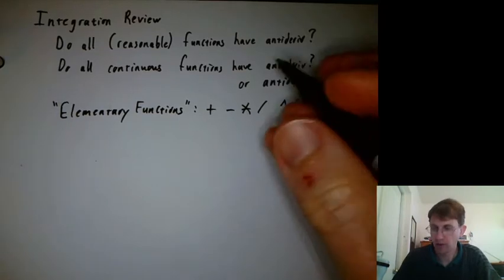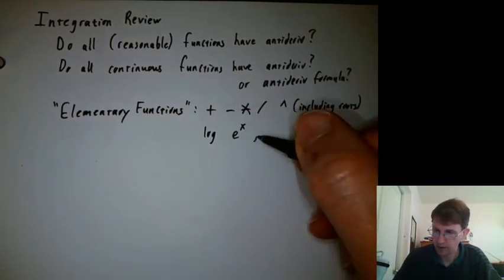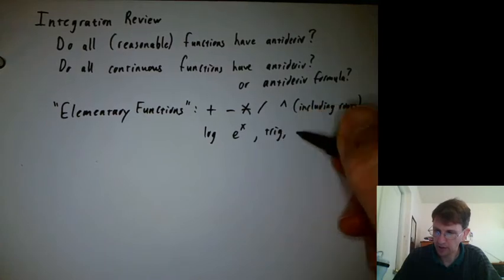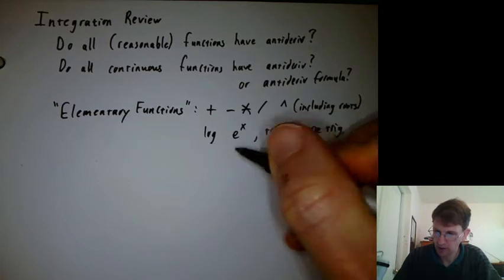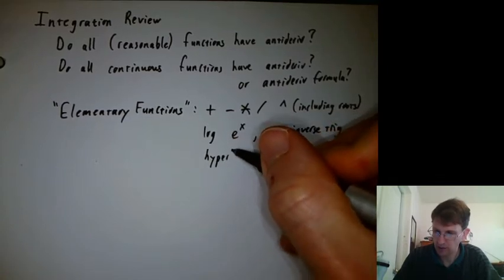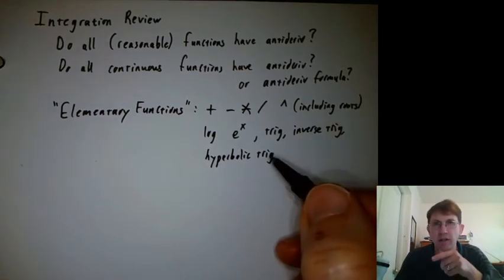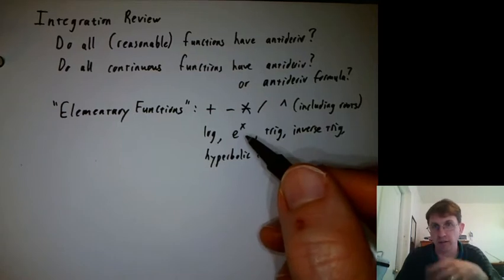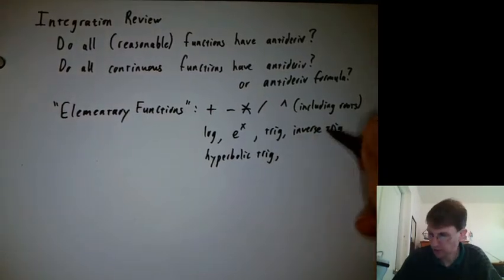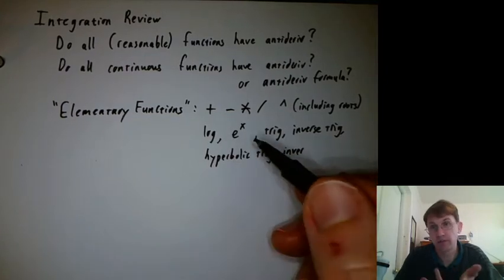And then some of our other favorite stuff like logs, e to the x, trig, inverse trig, hyperbolic trig. Although we saw in the other video that hyperbolic trig is really just e to the x in other forms, right? Inverse hyperbolic trig, which you might imagine involves logs of stuff, it does.